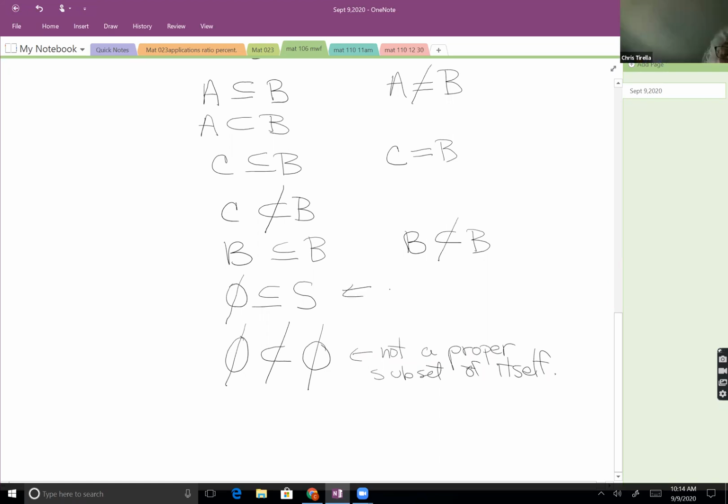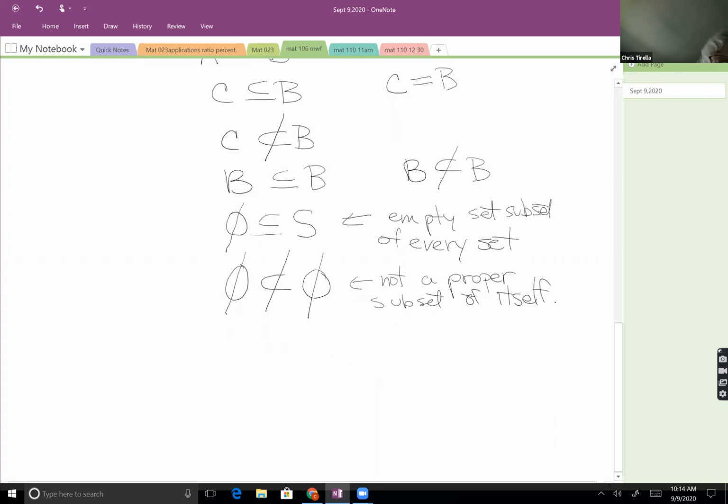It's a proper subset of every set except for itself. So, a fine line of difference between subset and proper subset.